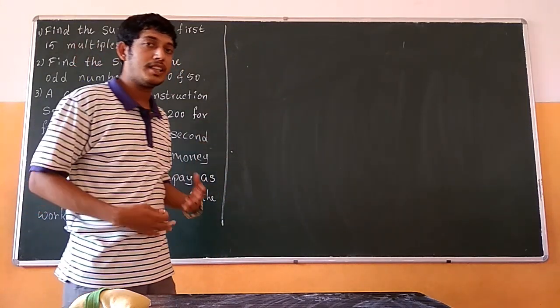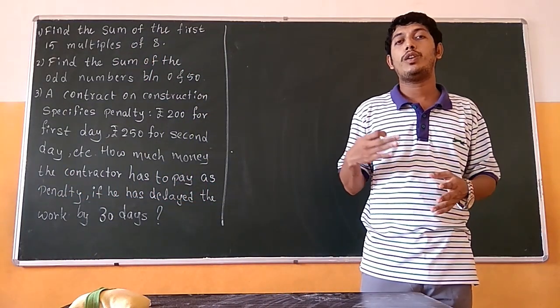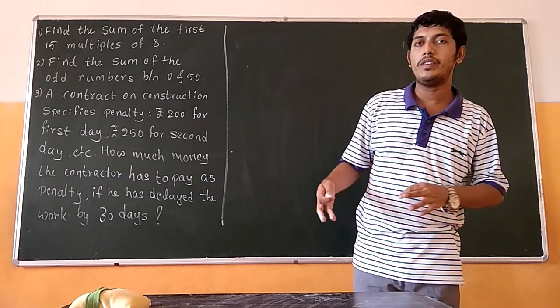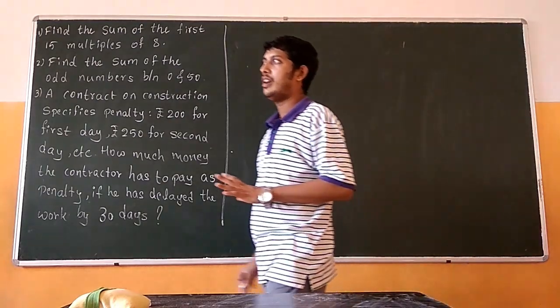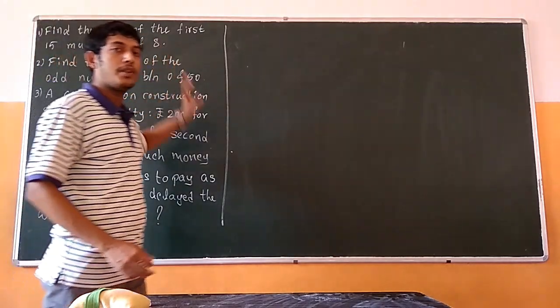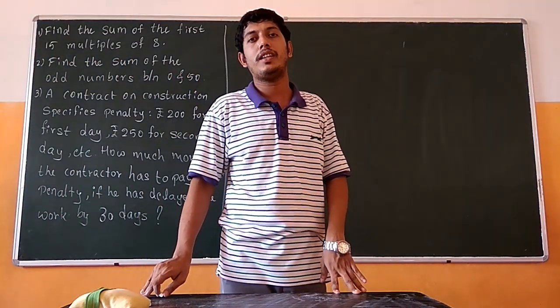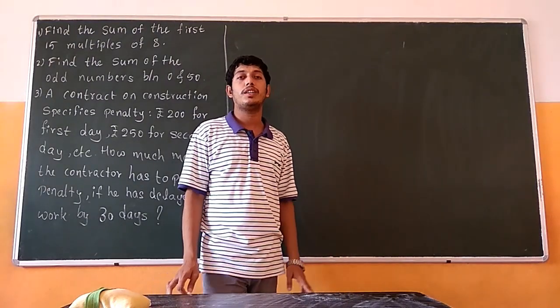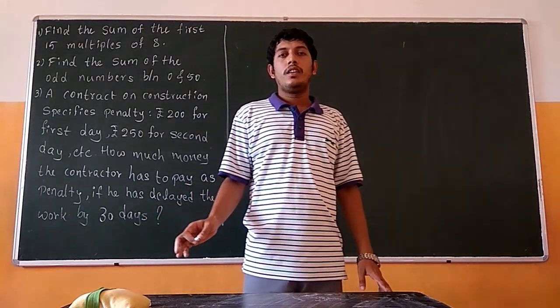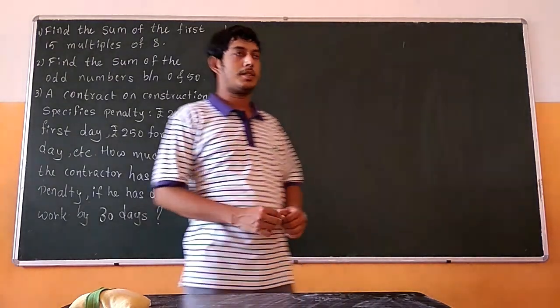By using that series we have to find the value of a and the common difference d. The total number of terms is given, that is 15, and by using the formula Sn equals n by 2 into 2a plus n minus 1 into d, we have to find the sum of the 15 terms of this arithmetic progression series.